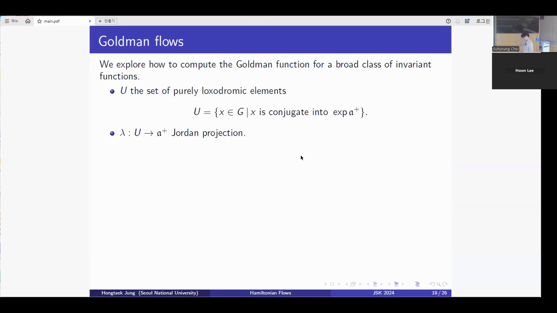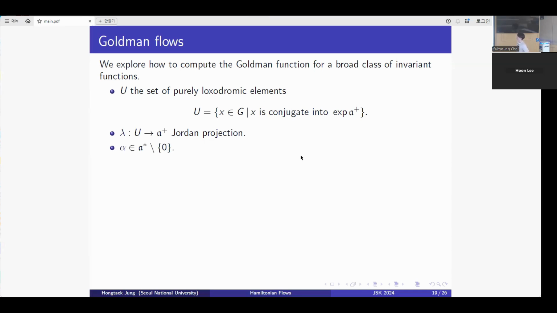This is nothing but taking the eigenvalues of your element, if G is PSL(n,R).